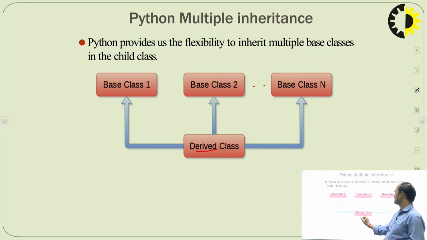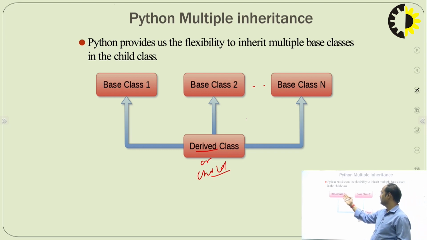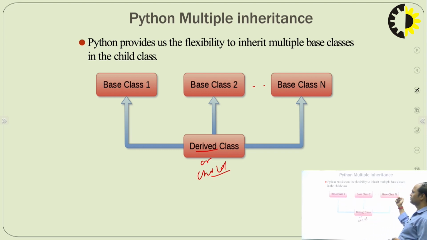This is the derived or child class, whatever you have defined. The child class is inherited from base 1, base 2, base 3, up to n. This is called multiple inheritance.